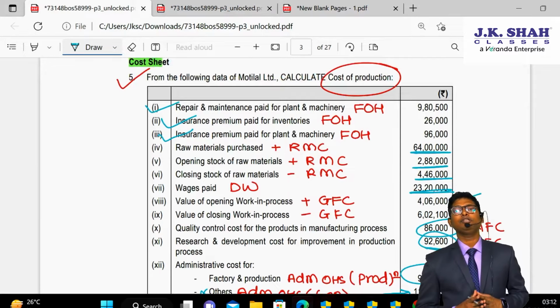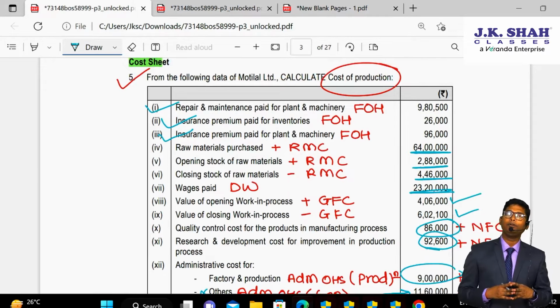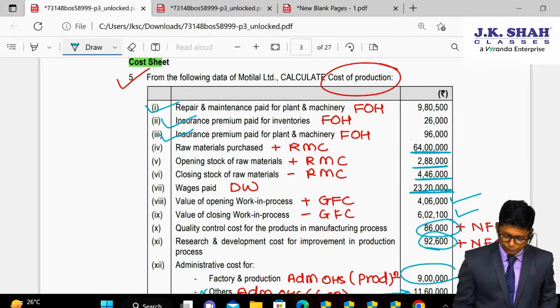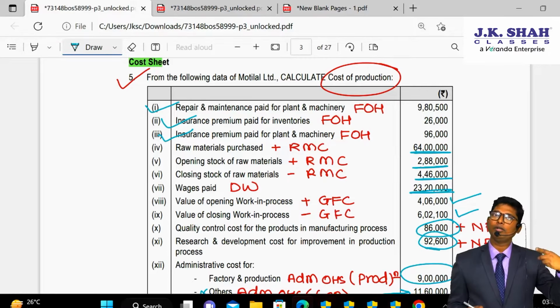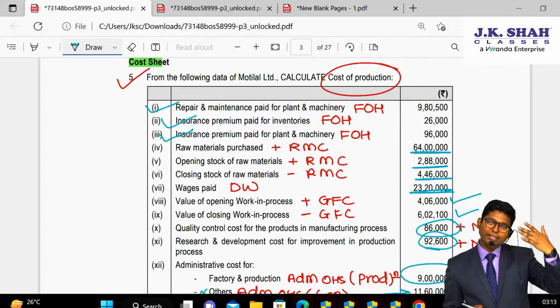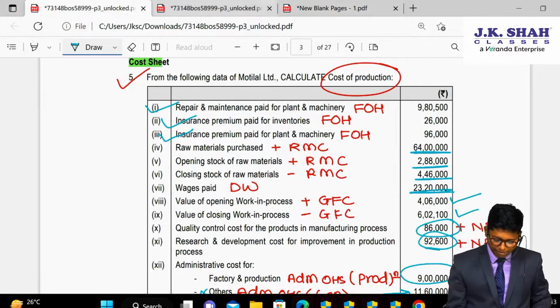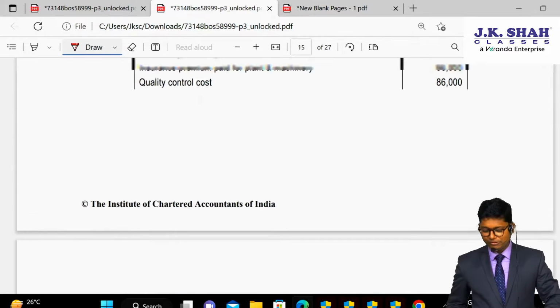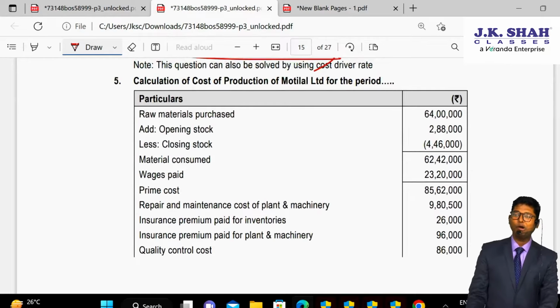Again guys, if you are solving this kind of sum, you need not follow the cost sheet format, but if you follow it, chances of error become 0. So always remember the order, that's why you will get full marks if you put all the items in the same format. But if you check the suggested answer, they haven't used any kind of format, they simply recorded all these items.